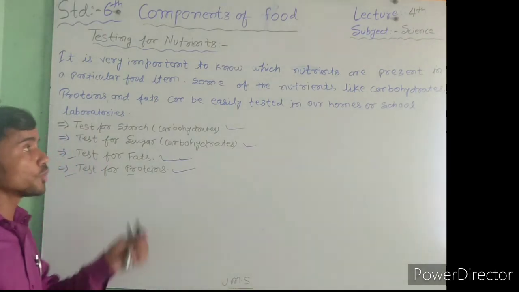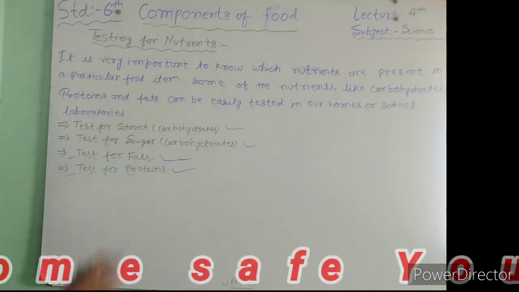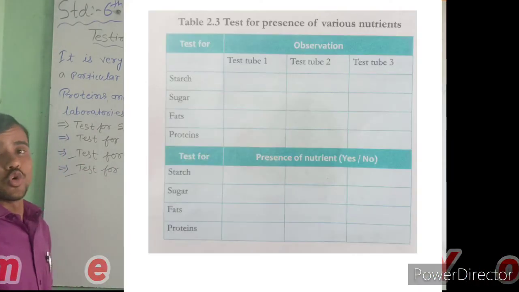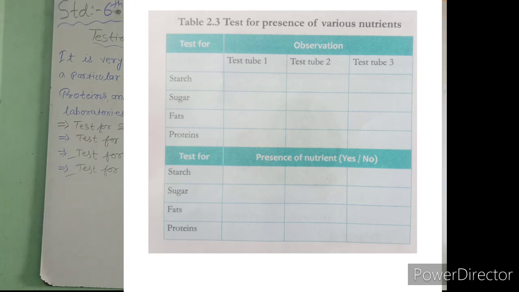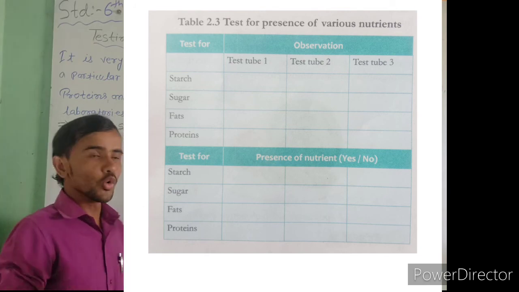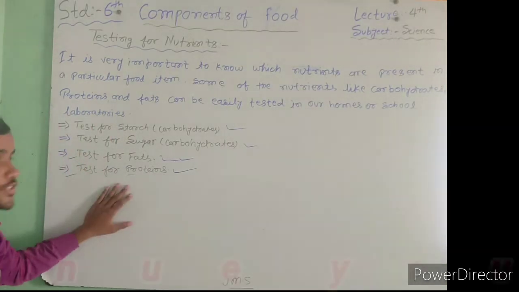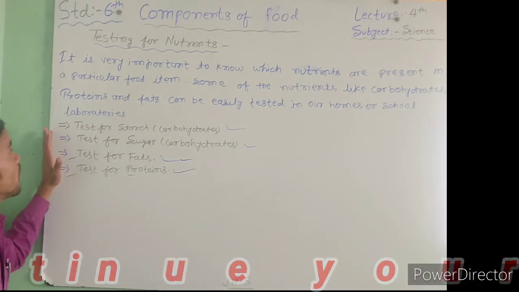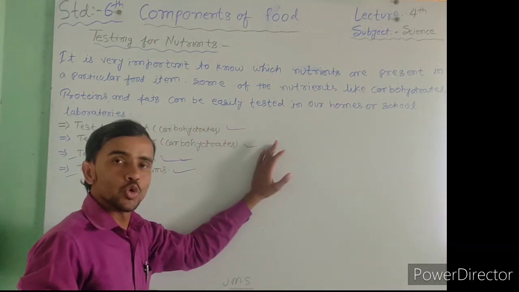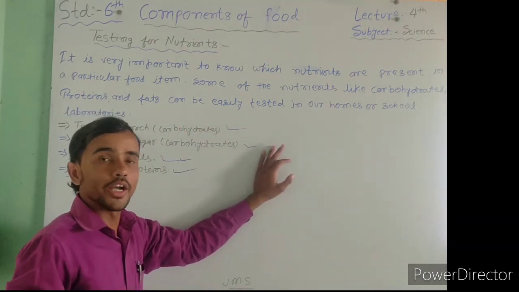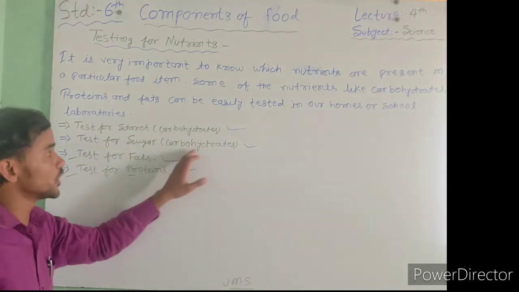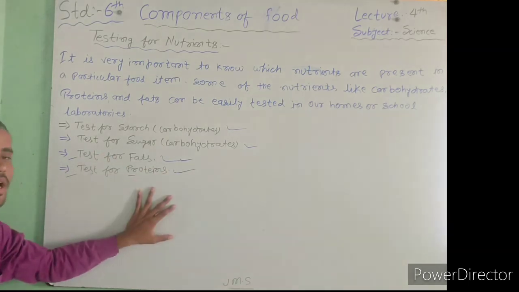I also present one figure that contains these tests, and you can also check it at your home. So you see the figure. These are the four tests for testing nutrients. You can do these practicals at school and at home also. They are the test for starch, carbohydrate, the test for sugar, carbohydrates, the test for fats, and the test for proteins.